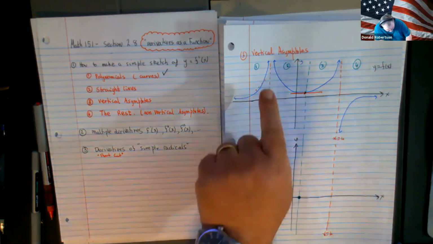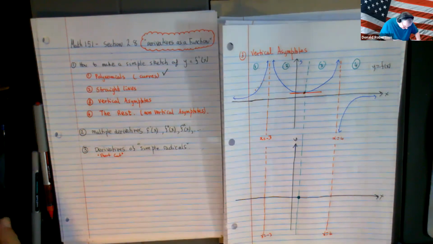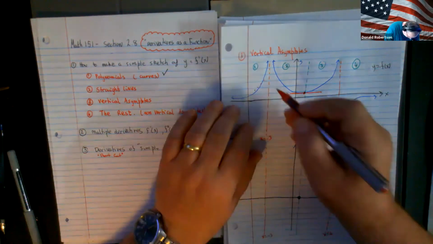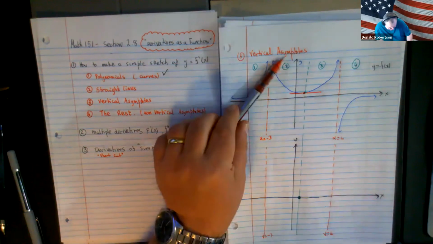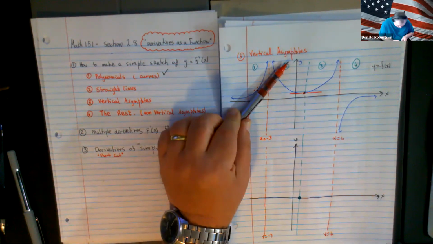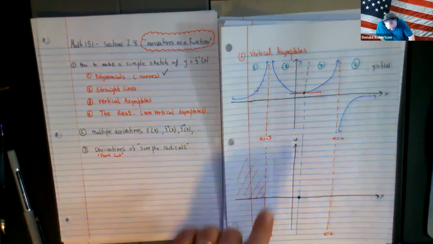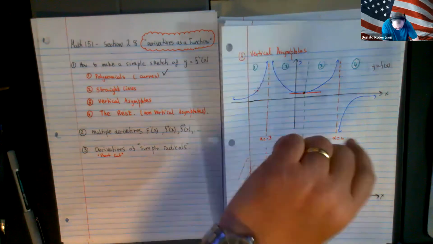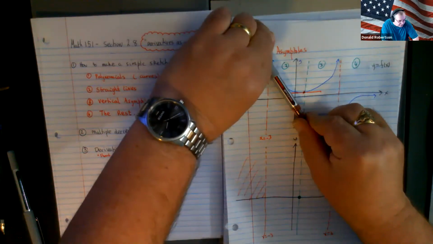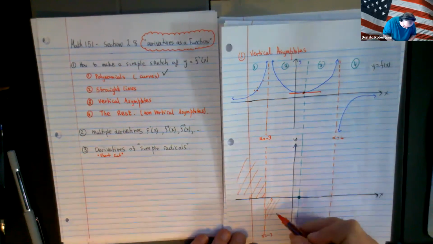Would you agree in region 1 that if I choose any point, the tangent line is going to be sloping upward, so it's positive? So that means I'm going to be shading positive. Would you agree here the curve is always going to have negative tangent lines? So I'm doing negatives for region 2.